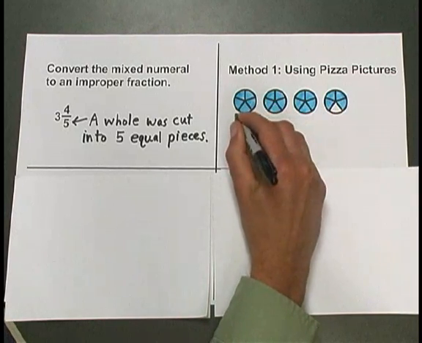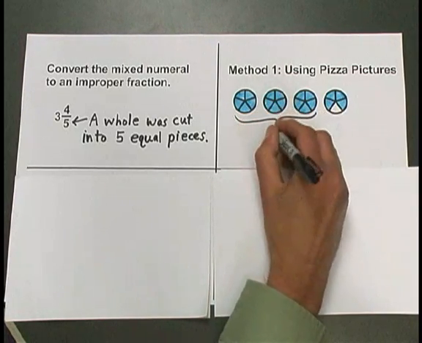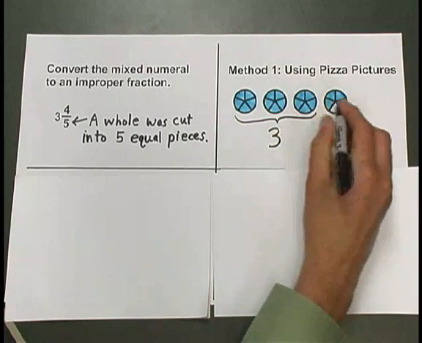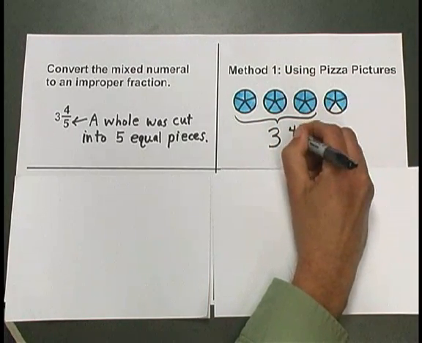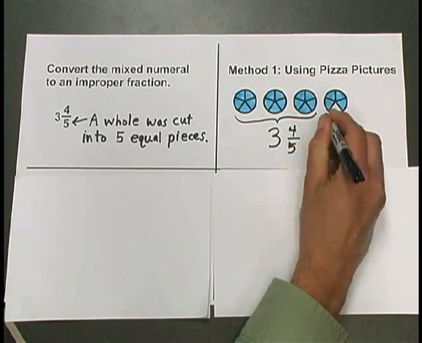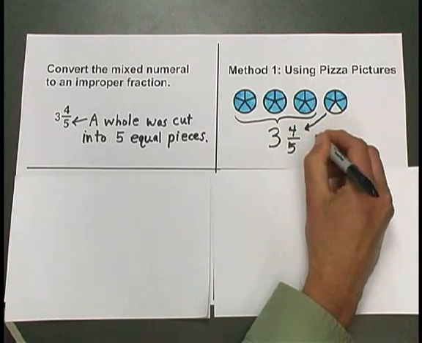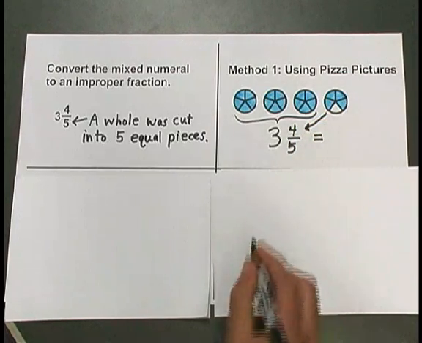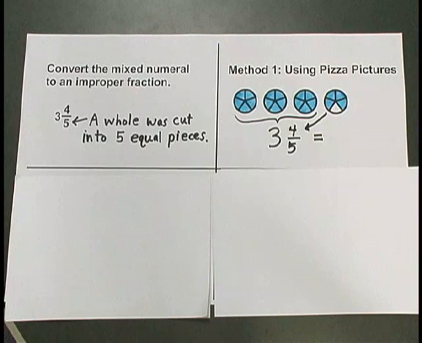Notice that I've shaded 3 whole pizzas and 4/5 of another pizza. Now let's think of this as an improper fraction.